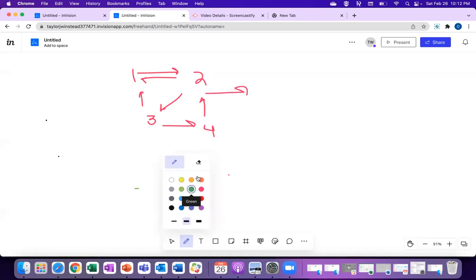So you can write out the systems of equations where you've got y1, y2, y3, and y4 corresponding to the 4 pages you can end up at.